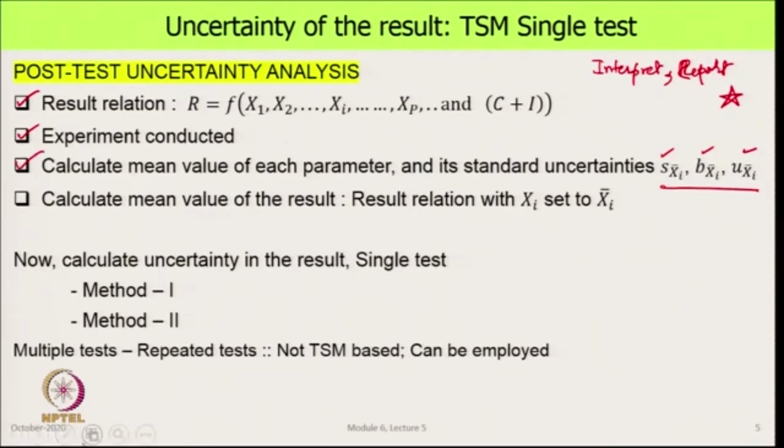And then we calculate the mean value of the result by using the result relation and setting xi equal to xi bar. So, that is done. We have all this data from the experiment because we are in the post-test phase, and then we can use either method 1 or method 2, whichever way we want, and estimate the uncertainty in the result.